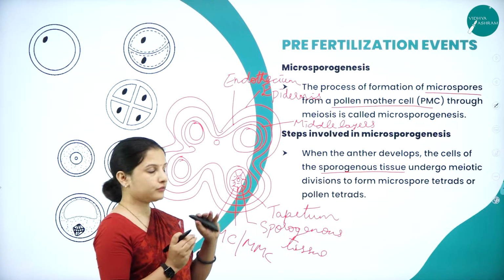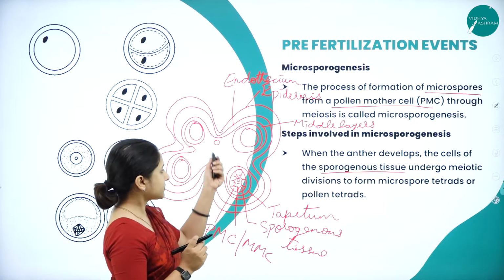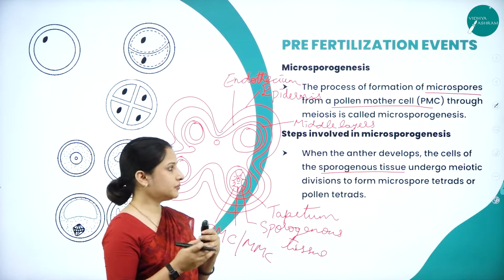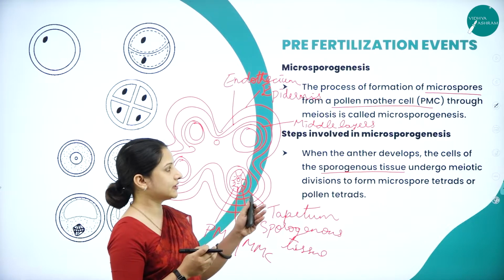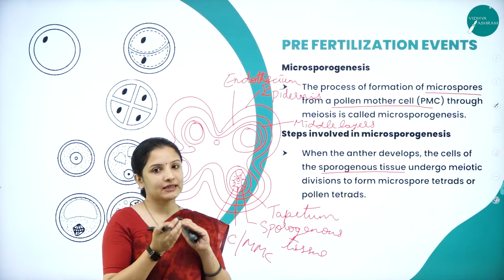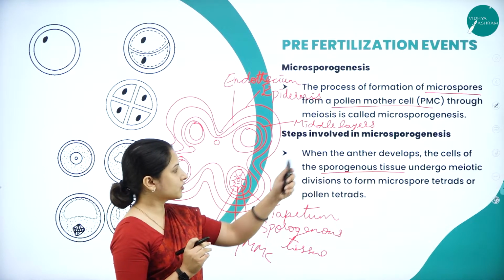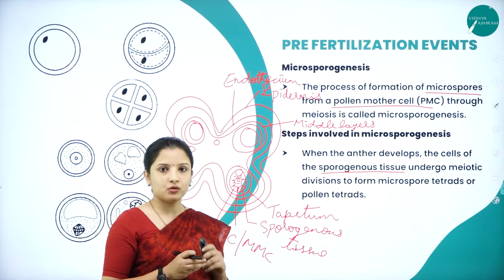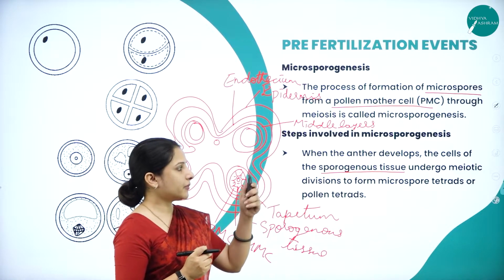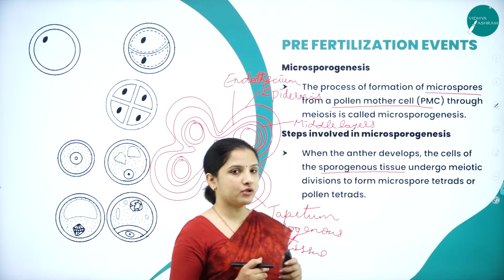Under the microscope, you can find that it has the microspore mother cell or the pollen mother cell. That pollen mother cell, or the sporogenous tissue in general, will undergo meiotic division, which is a reduction division, to form microspore tetrads or pollen tetrads.